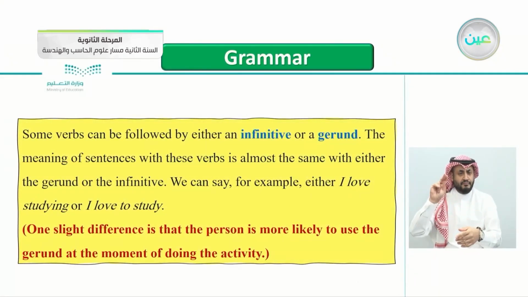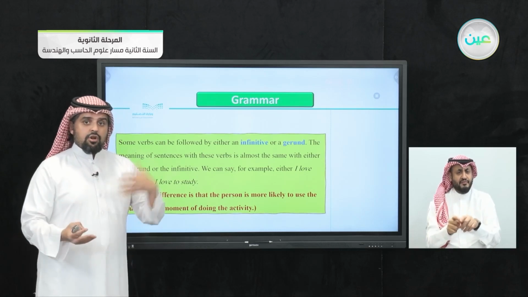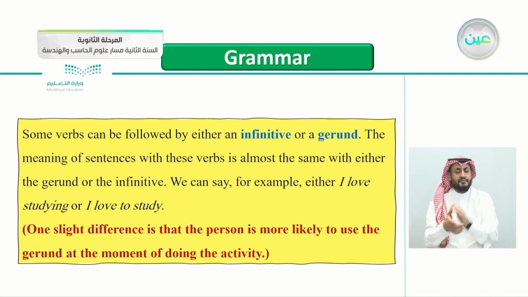Some verbs can be followed by either an infinitive or a gerund, just like the word hate. The meaning of the sentence with these verbs is almost the same with either the gerund or the infinitive. We can say, for example, either I love studying or I love to study.